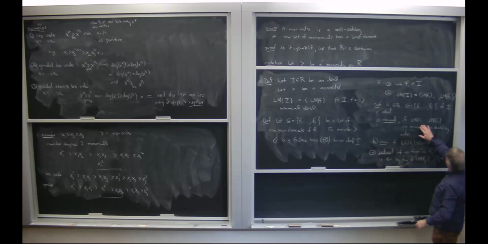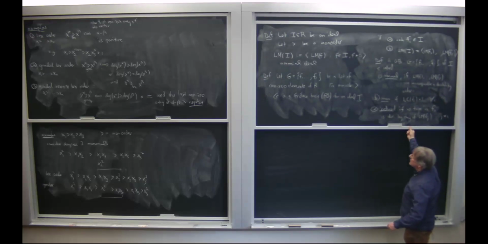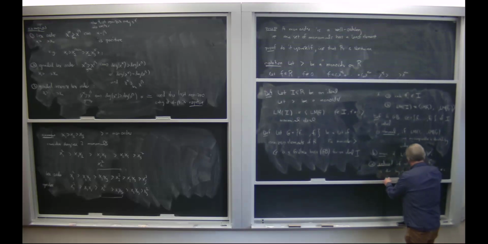So in other words, it's minimal if these things are incomparable, but if this particular one divides some monomial that appears in some polynomial in here, we want that to not be the case. It seems like more work to make sure it's reduced, but actually in computation it's usually much better, and it also gives you uniqueness. So in fact, let's go over to the other side.